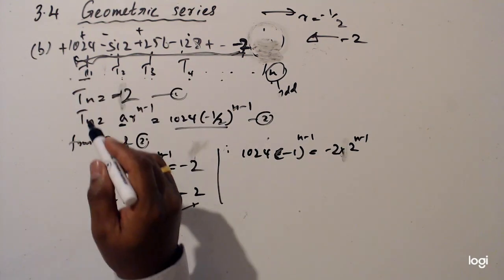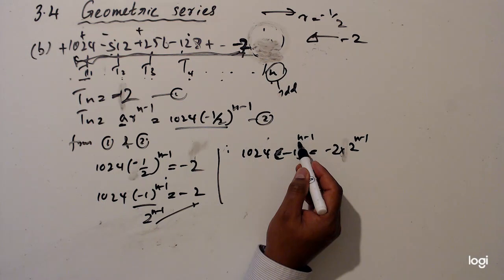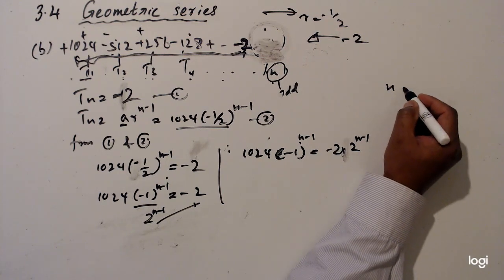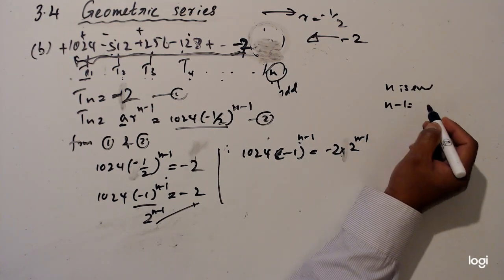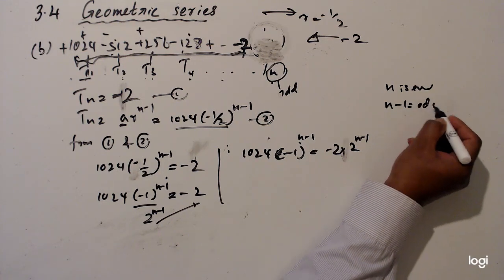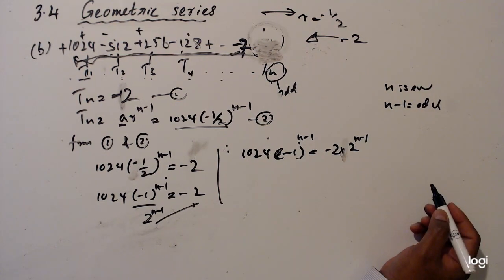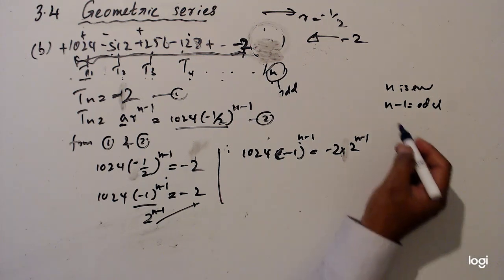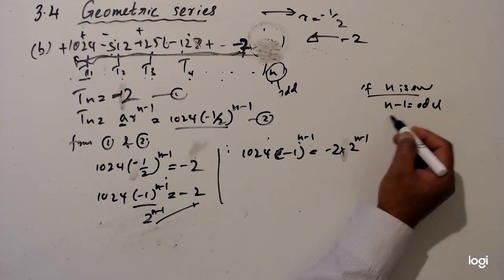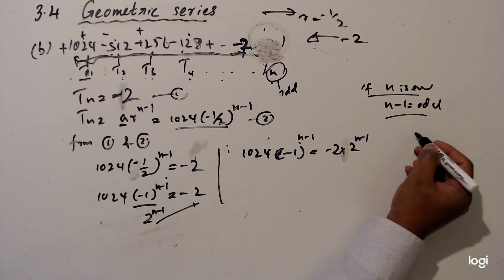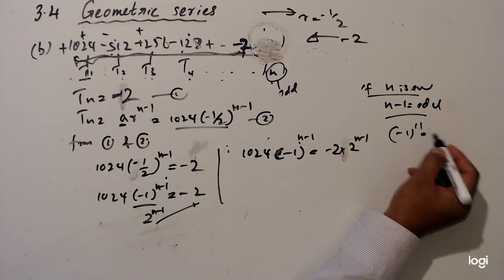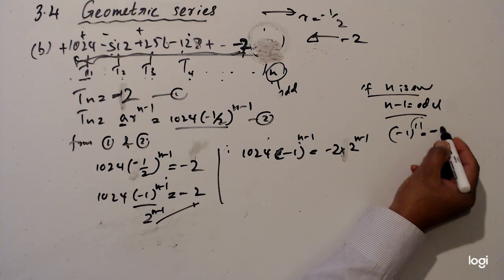So n is even. If n is even, n minus 1 is odd. So minus 1 to the power of any odd value will give a negative answer.